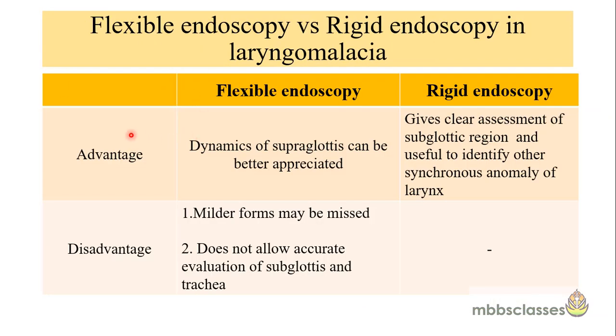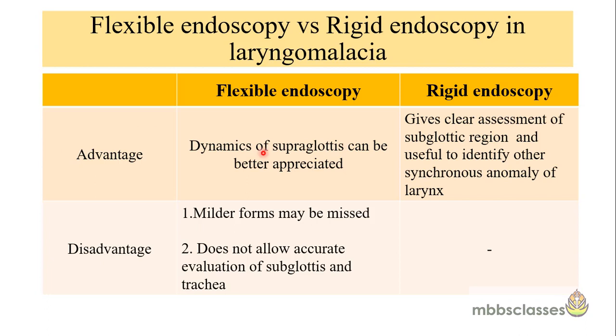Now let's see the role of flexible endoscopy and rigid endoscopy in laryngomalacia. In the majority of patients, flexible endoscopy is enough for diagnosis, but in some cases we need to do rigid endoscopy, especially if the stridor is severe or if an inadequate view is obtained during the flexible endoscopy.